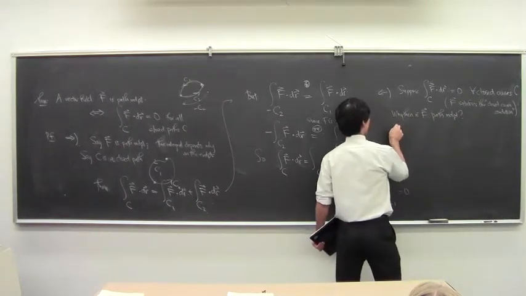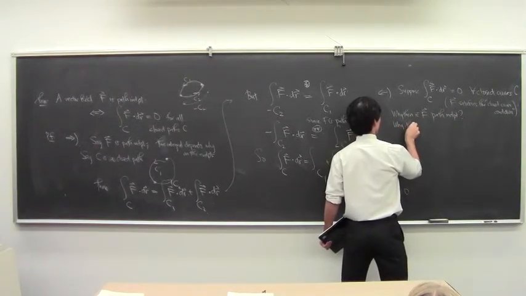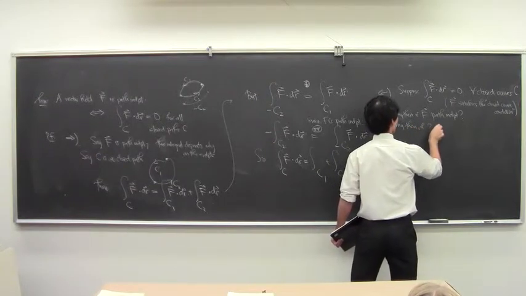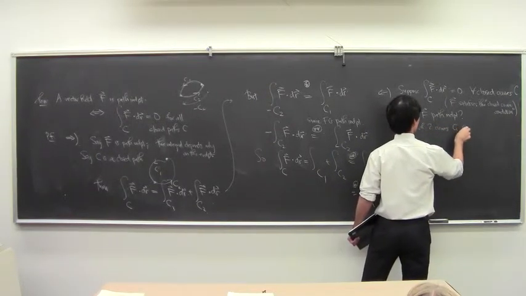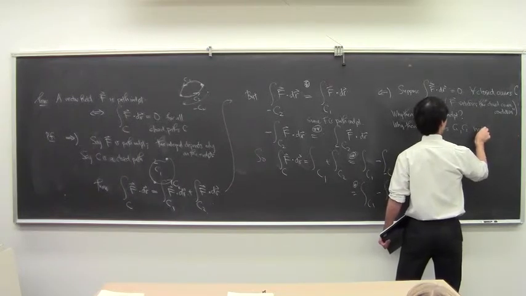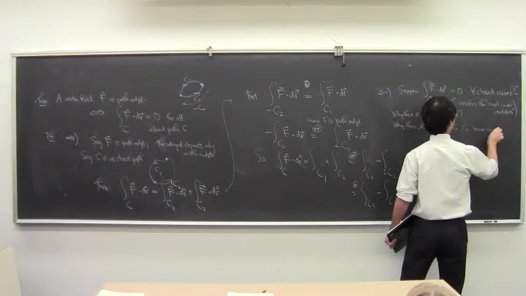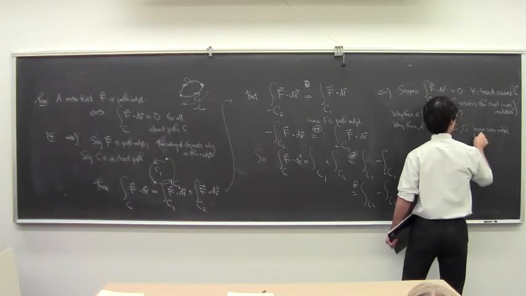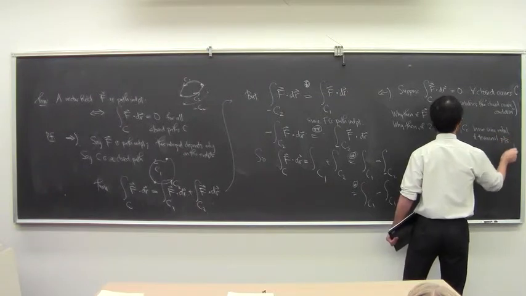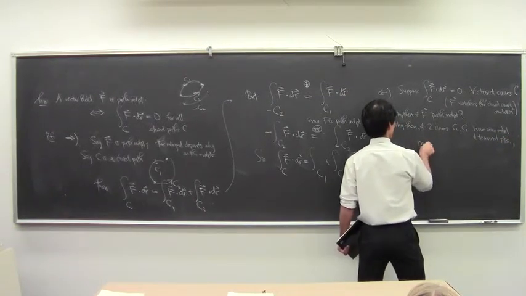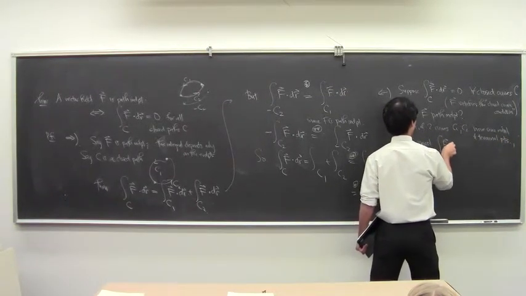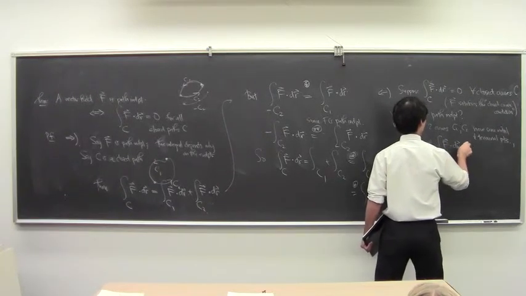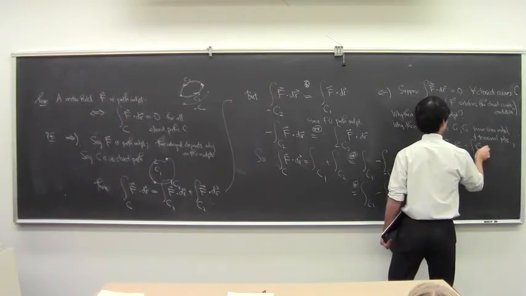The question is basically why then, if two curves C1 and C2 have the same initial and terminal points, must the integral over C1 equal the integral over C2.